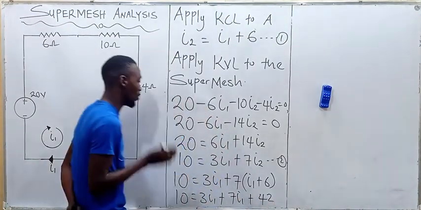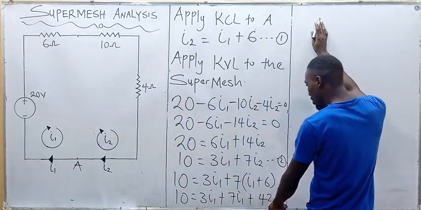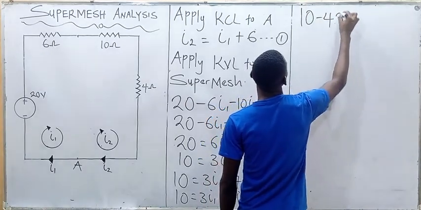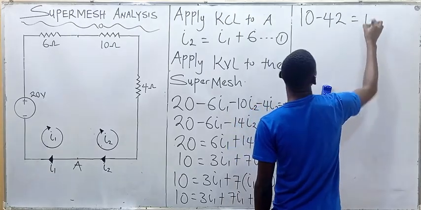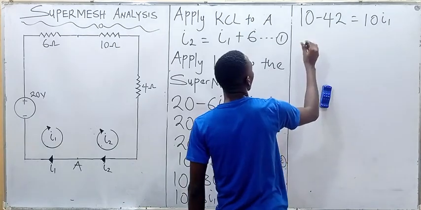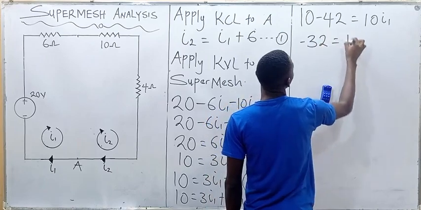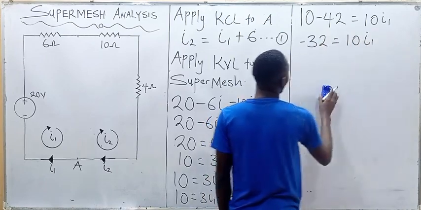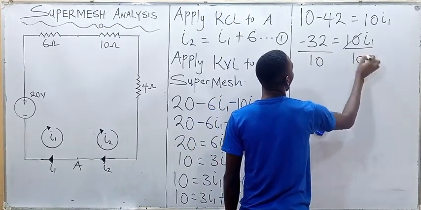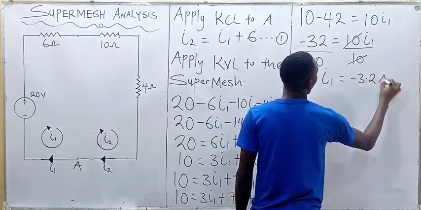So it's going to give us 42. Alright, so here we are going to have, if we move 42 to that side, we're going to have 10 minus 42 equals to what? Equals to 10I1. Alright, so 10 minus 42, that is going to give us minus 32 equals to 10I1. So if we divide both sides by 10, I1 will be equals to minus 3.2 ampere.